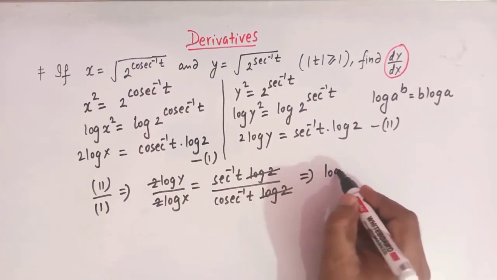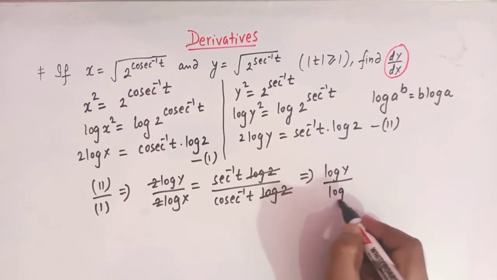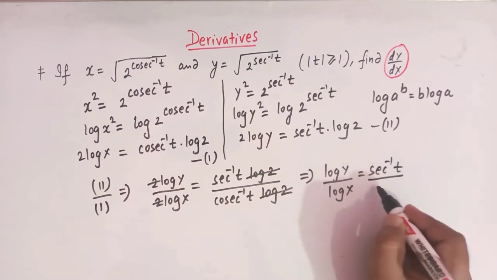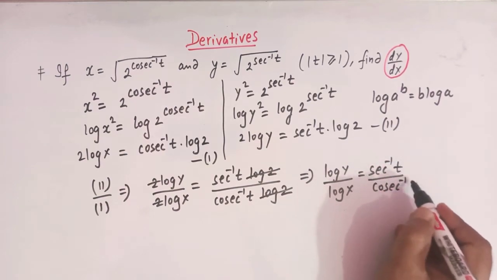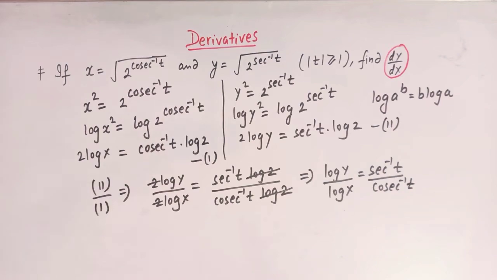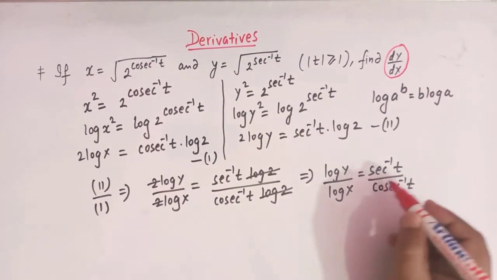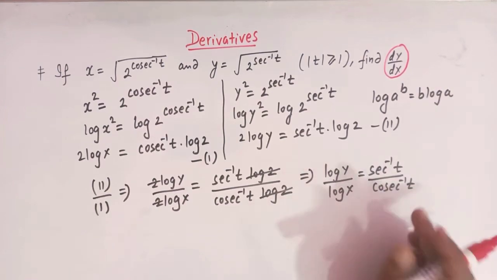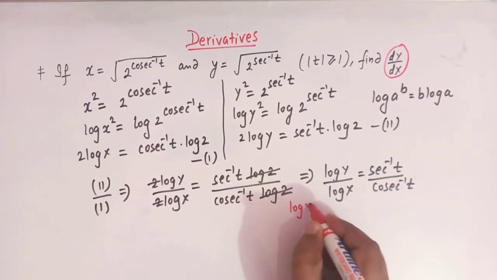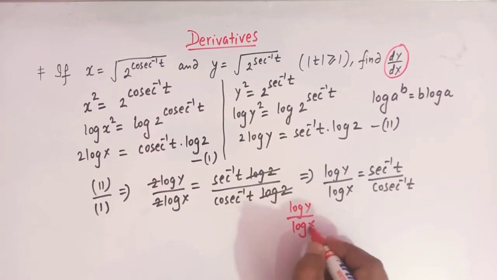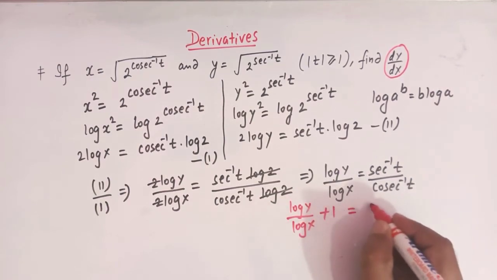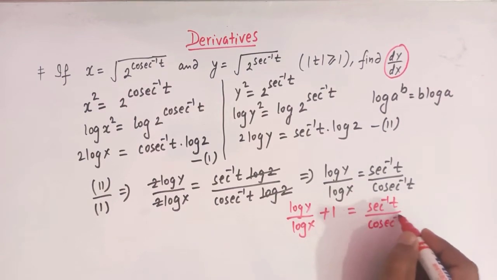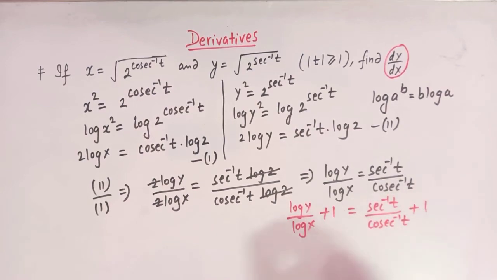Now we are left with log y over log x, and we have sec inverse t over cosec inverse t. Now let us add 1 to both sides. We'll have log y over log x plus 1, and here we have sec inverse t divided by cosec inverse t plus 1.